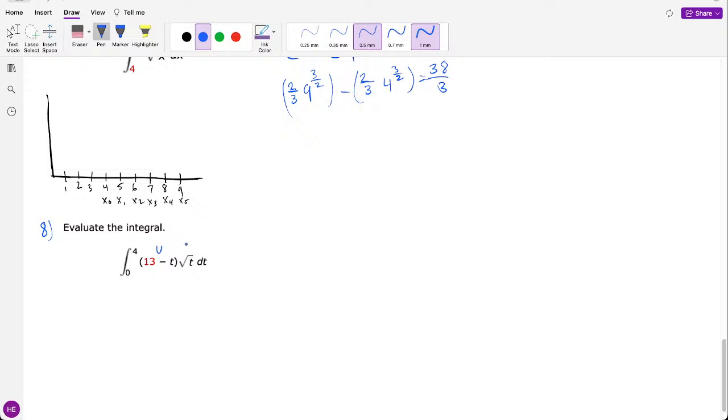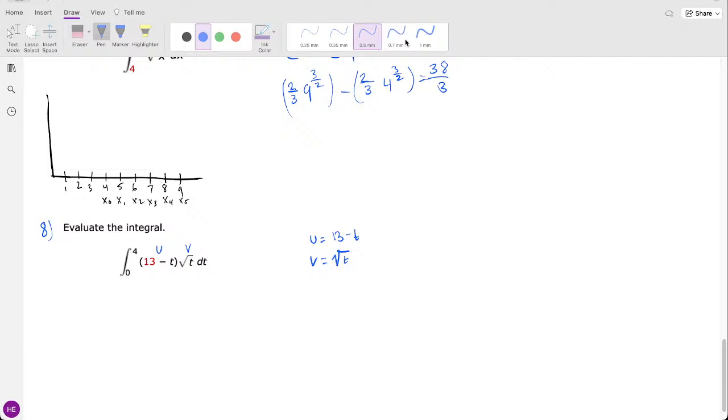I'm gonna say Y, no, V? Sure. So U equals 13 minus T, right? And V equals square root of T.